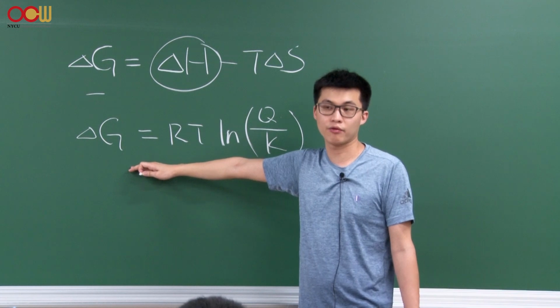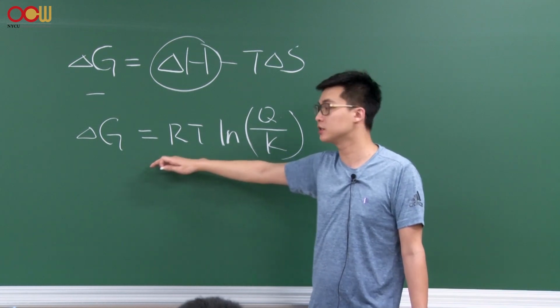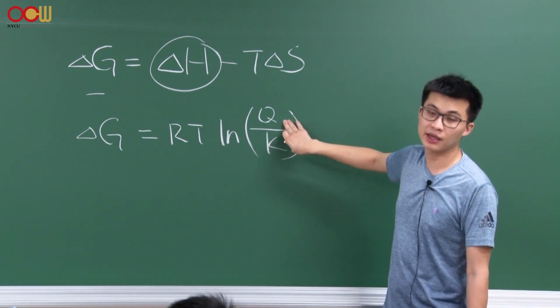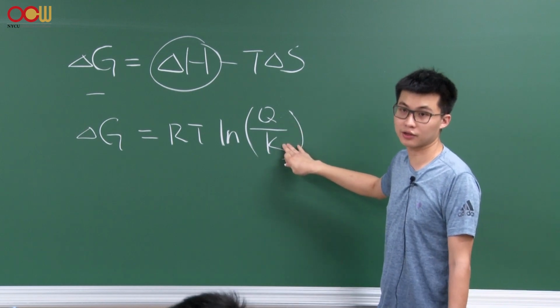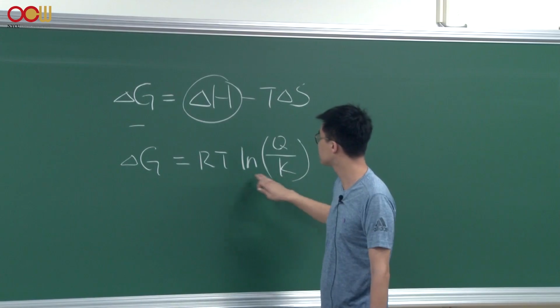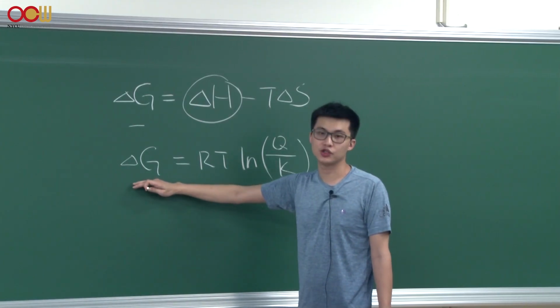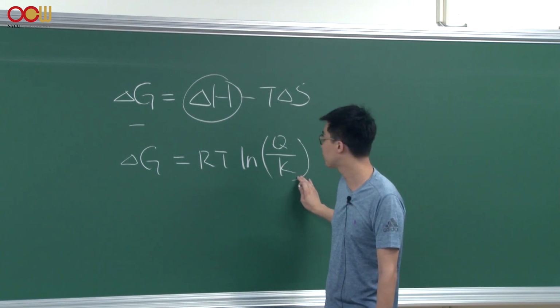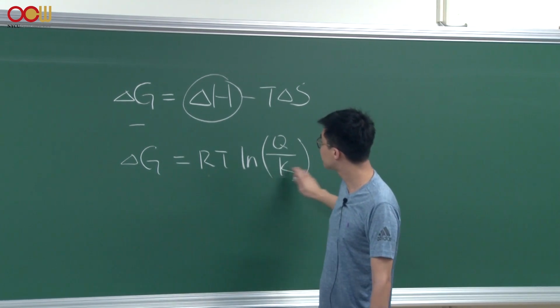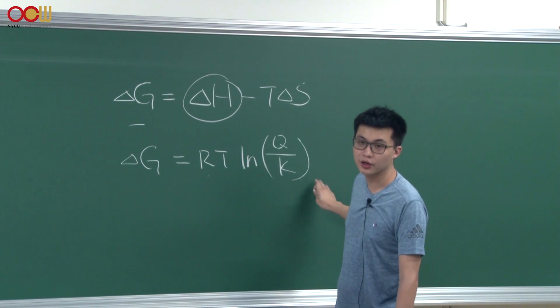right? So in a real scenario, when you mix reactants together, at the beginning, your Q would not equal K yet. From this equation, we can solve for how the delta G is dependent on the equilibrium constant. Okay, this K is the equilibrium constant. So just a simple mathematical operation, right?